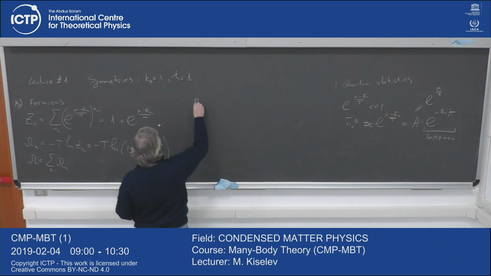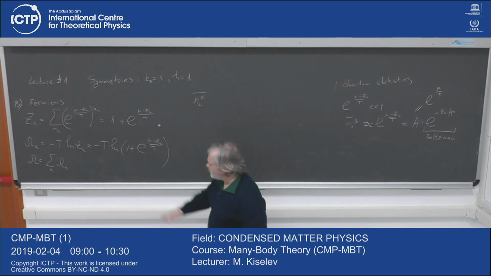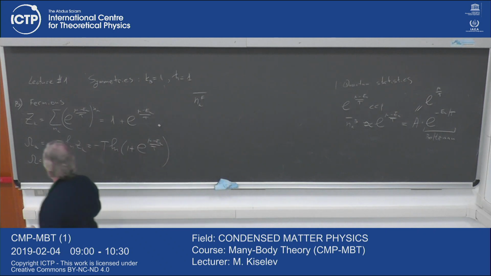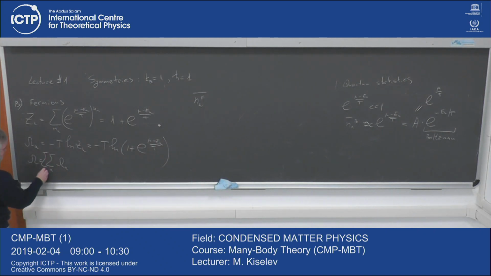So n_k for fermions. Here, hidden, assume that in addition, of course, we will need a summation over spin projection, but in order to derive the distribution function, I assume that this distribution function is per spin projection. Of course, there is one extra quantum number for fermions.